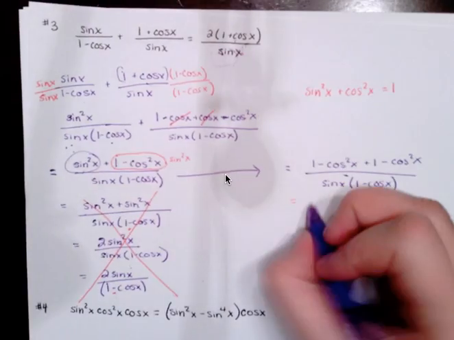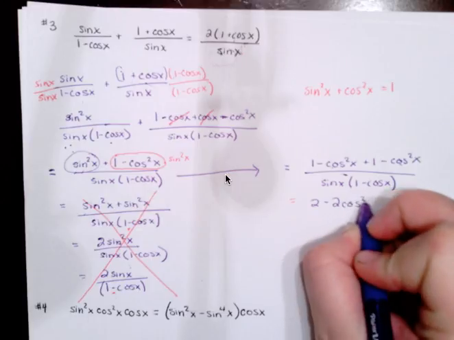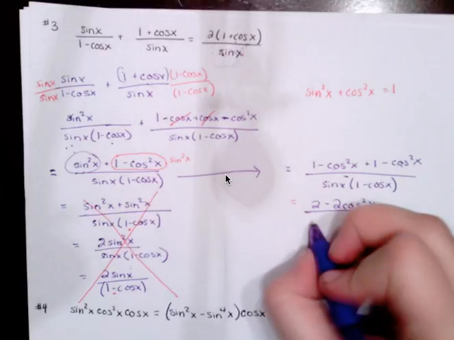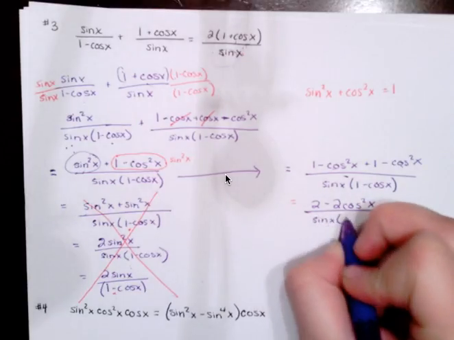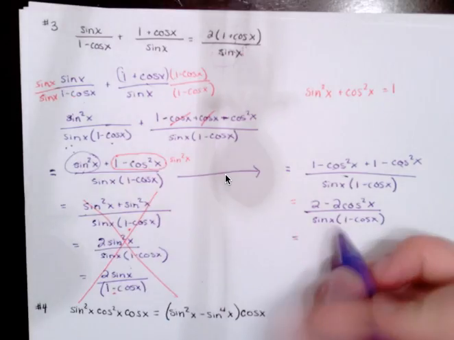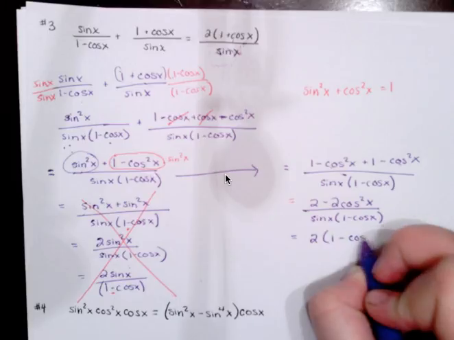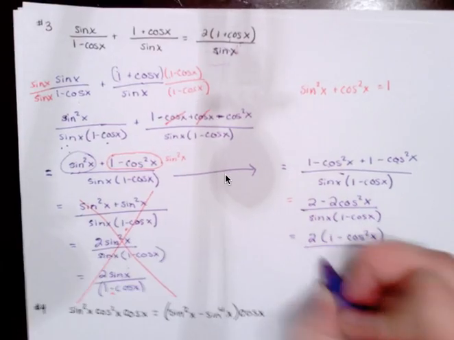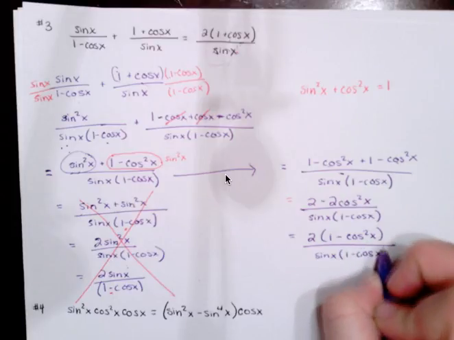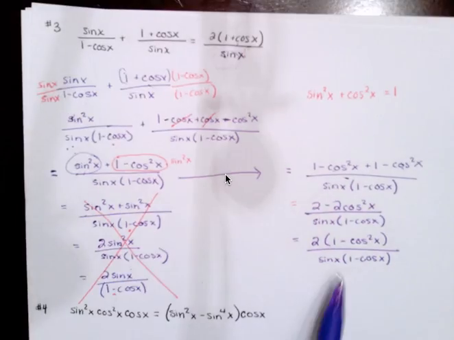Simplify. 1 plus 1 is 2. I have 2 of these, so minus 2 cosine squared x. Okay? Then I get sine of x, 1 minus cosine of x. Then I can factor out a 2, so I get 1 minus cosine squared of x. I'm closer. I have my 2 that I needed, and I have my sine of x that I need.